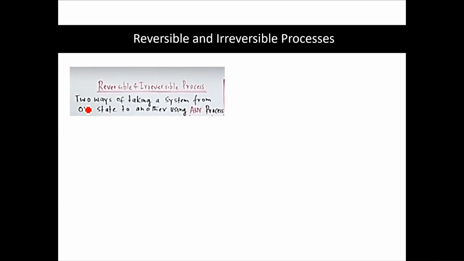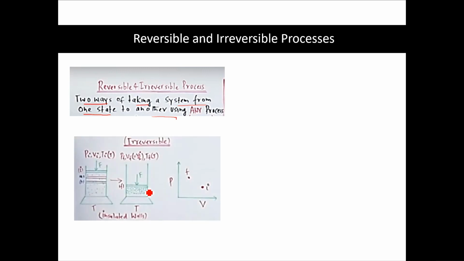For reversible and irreversible processes, there are two ways of taking any system from one state to another using any process. Let's say I have a piston cylinder assembly. I have a piston over here, and there are some gas particles within this piston cylinder assembly.